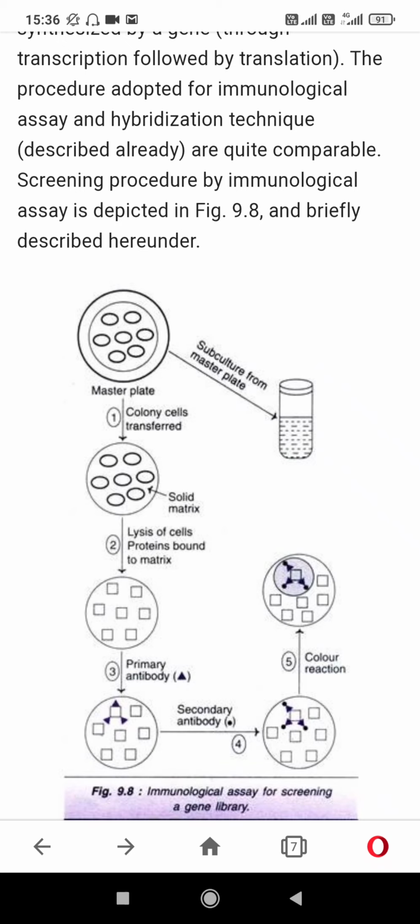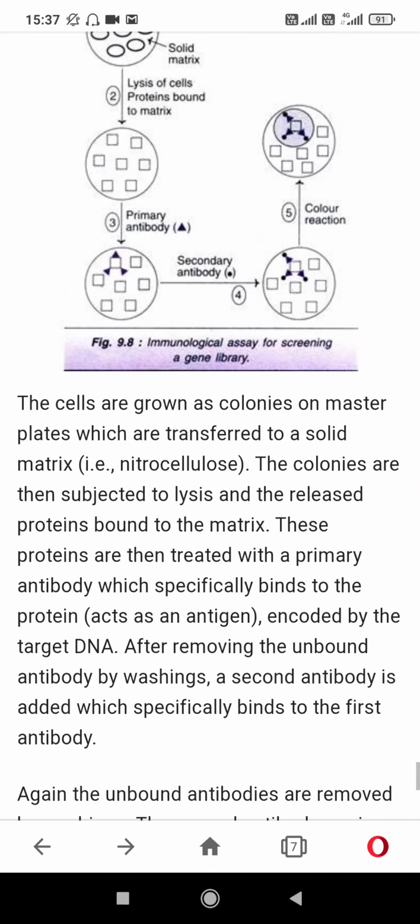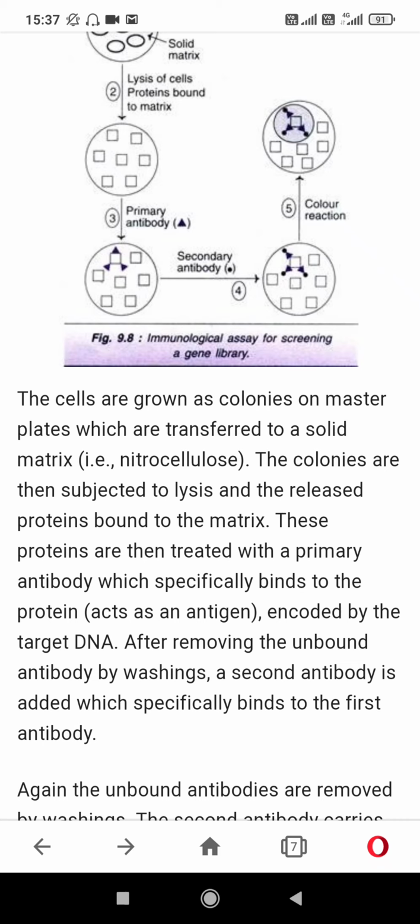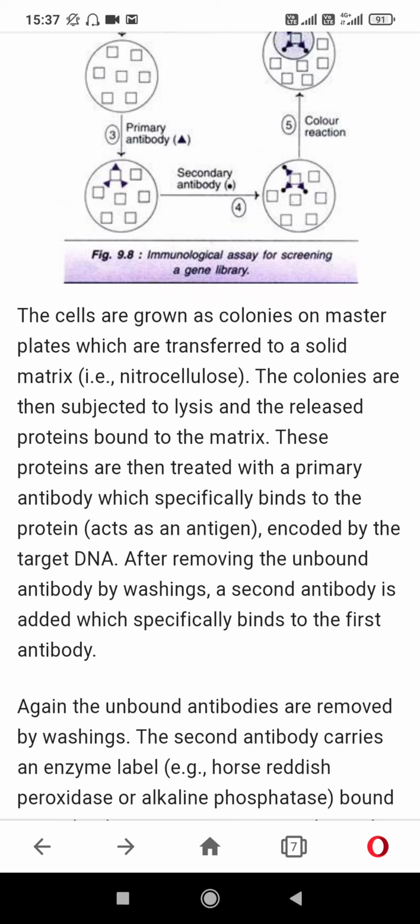So let us see. First we will discuss it and then we will go through this diagram. Simple thing, the cells are grown as colonies on the master plate. They are transferred to a solid matrix like nitrocellulose. Colonies are then subjected to lysis, and the released proteins bind to the matrix.